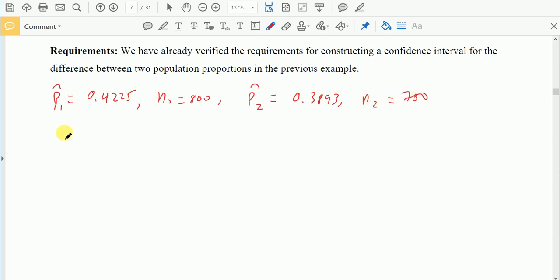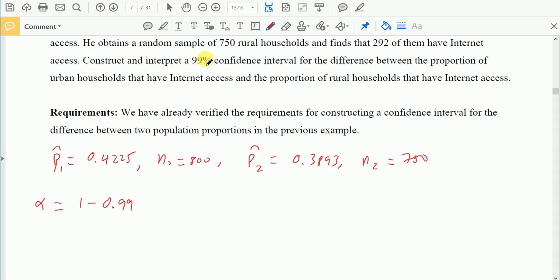Now alpha is 1 minus 0.99. Because we are 99%, you take 1 subtract 0.99, which is 0.01. And alpha over 2, this divided by 2, gives you 0.005. And you are looking for the z of alpha over 2 in the formula.